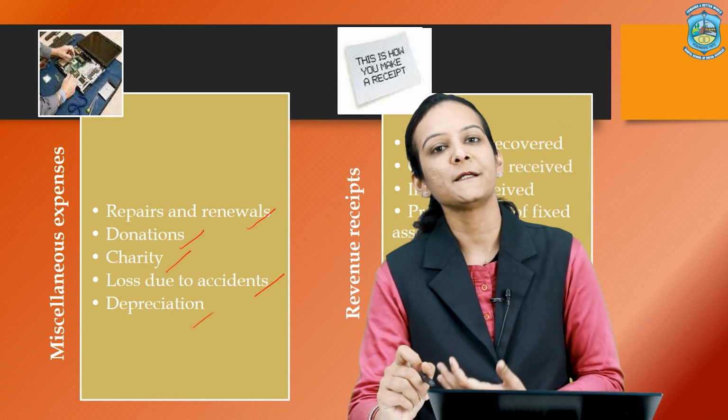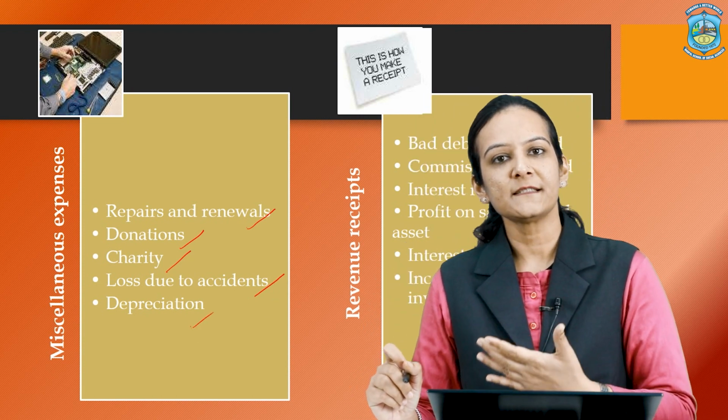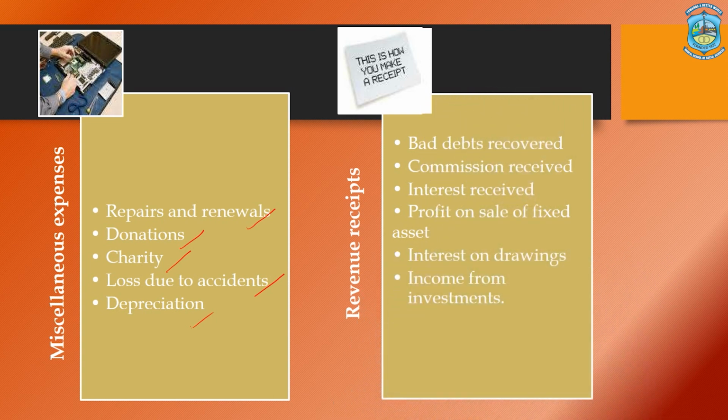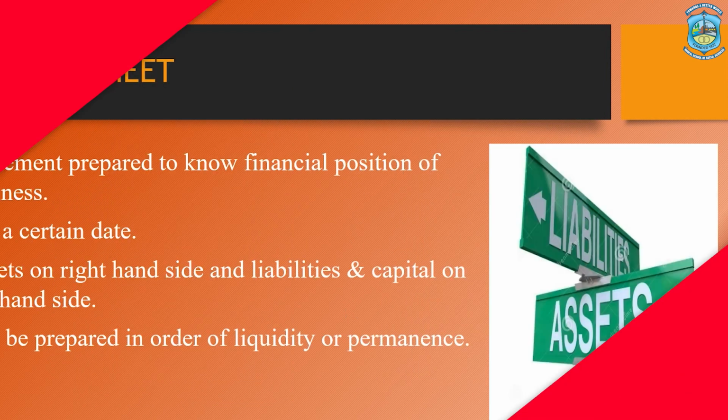And the revenue receipts, that is the items of the credit side for the P&L account, will comprise of bad debt recovered, commission received, interest received, profit on sale of fixed assets, interest on drawings and income from investments. End result we have already discussed, that is to calculate the net profit or net loss of the business.